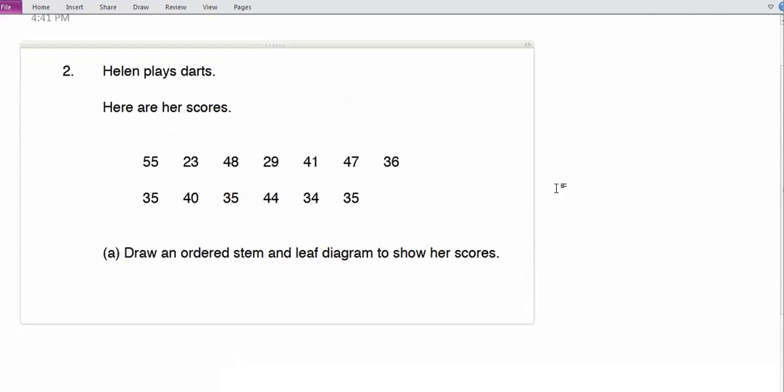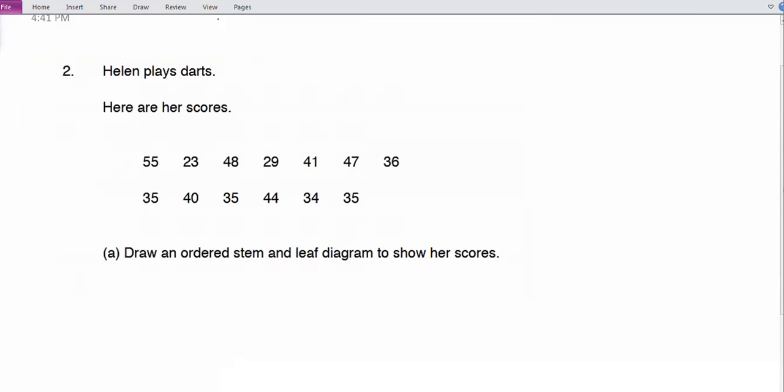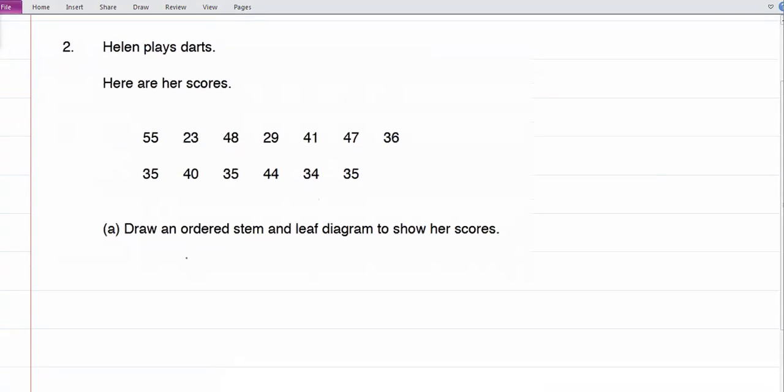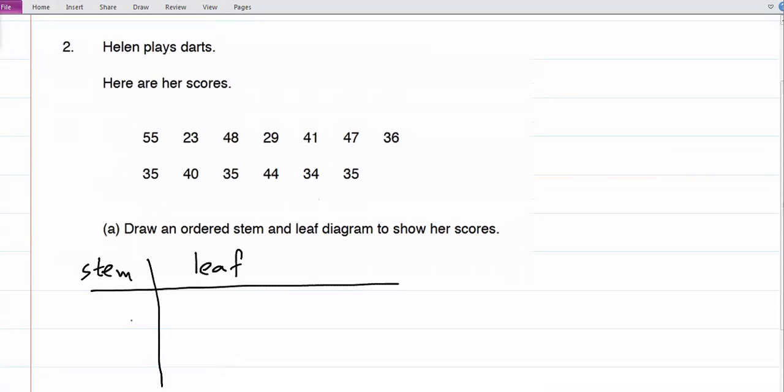Okay, the question is: Helen plays darts and here are the scores. Draw an ordered stem and leaf diagram to show her scores. Now what you have to do here, first of all, make right here the stem and right here the leaf, and then write your key.